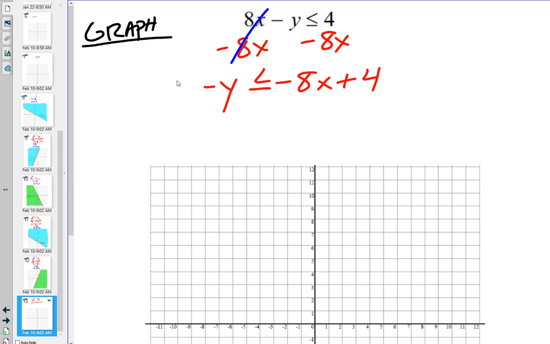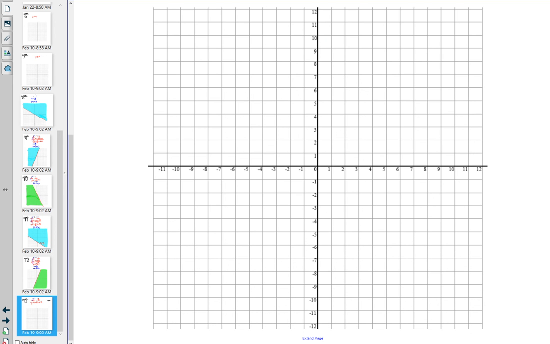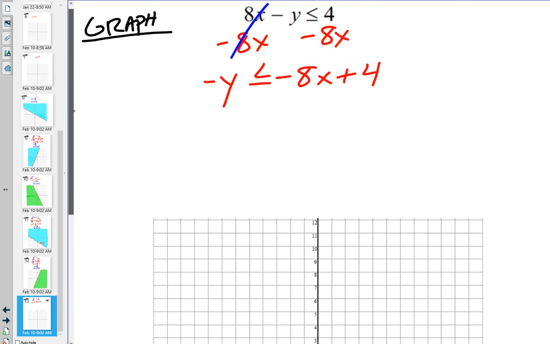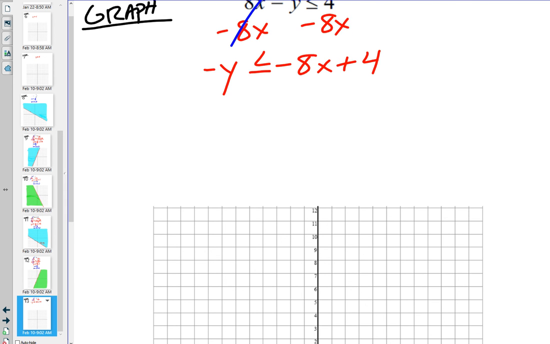And Hiram we trust. Go ahead, Hiram. Okay, so you're going to have to minus the negative y. Before you do that, you've got to flip the sign, or you've got to divide by negative 1.